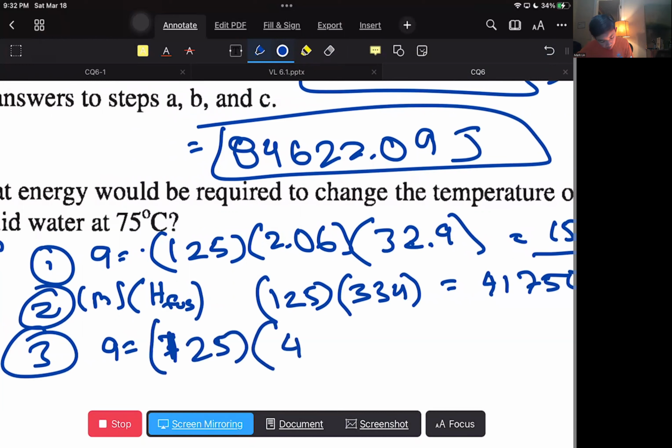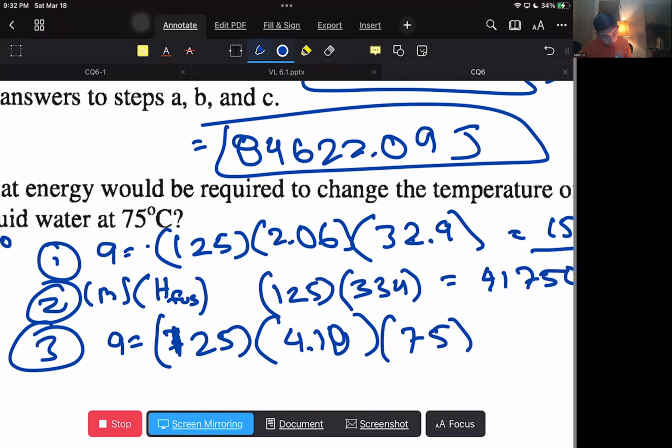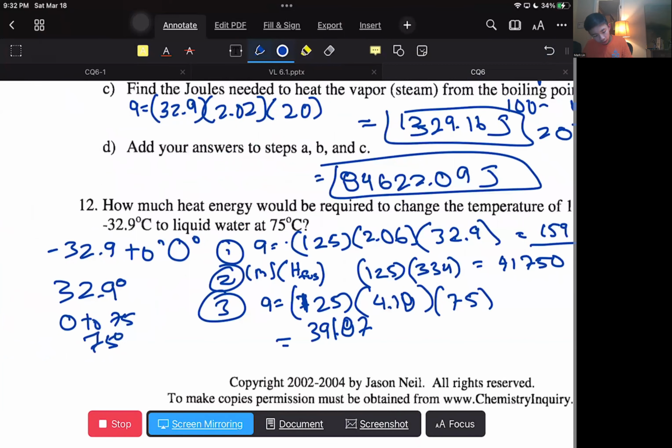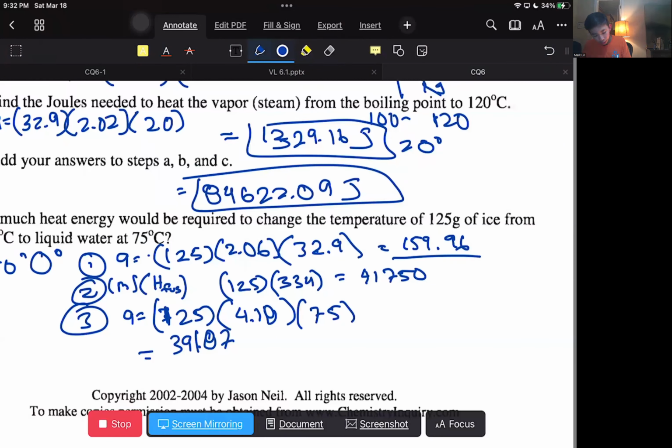C is 4.18. T is 75. Multiply all this together: 125 times 4.18 times 75. You should get 39,187.